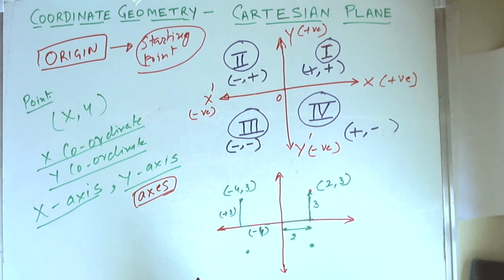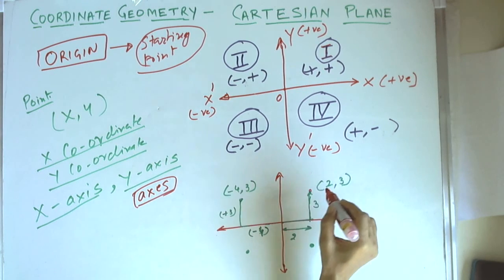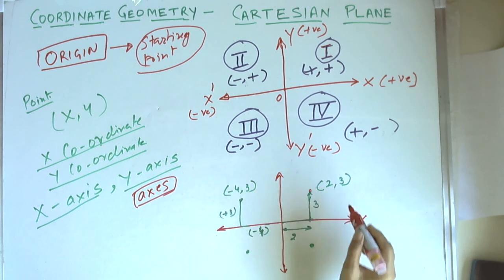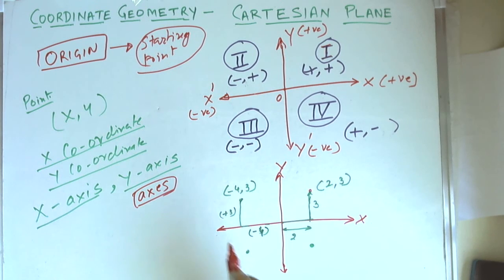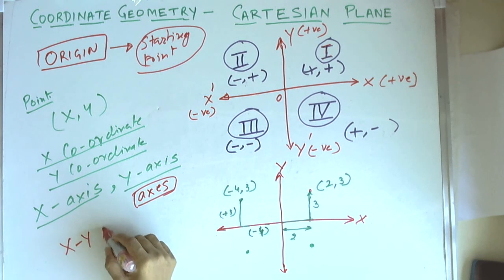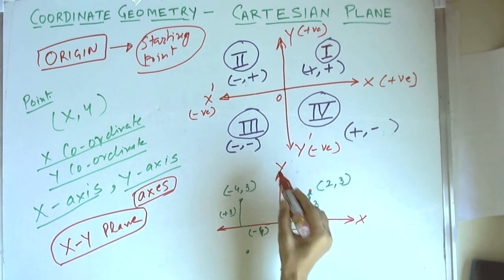So basically in Cartesian plane, we can represent any point and the point can be written in the form of its coordinates. By convention, first we write x and then we write y. Now this particular Cartesian plane also has some other names. This is also called xy plane, because this is x and y.